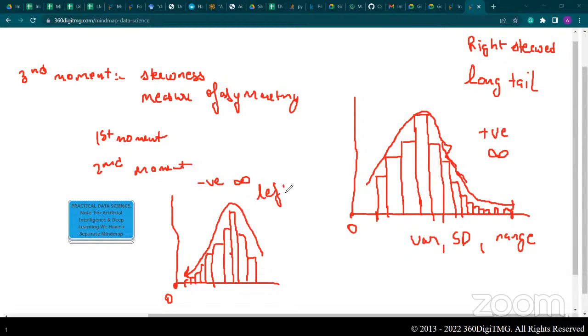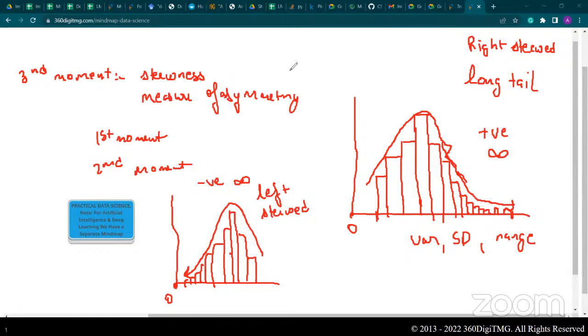This is known as left skewed. So this is telling us how asymmetrical our data is, and it can also help us potentially identify outliers. Now, what are outliers? It is something that we will cover later on in today's session. All right. So this is skewness.